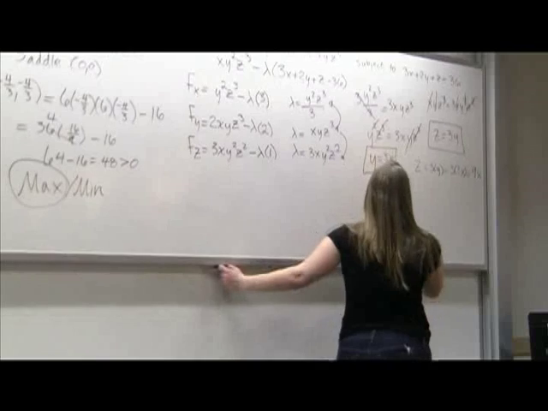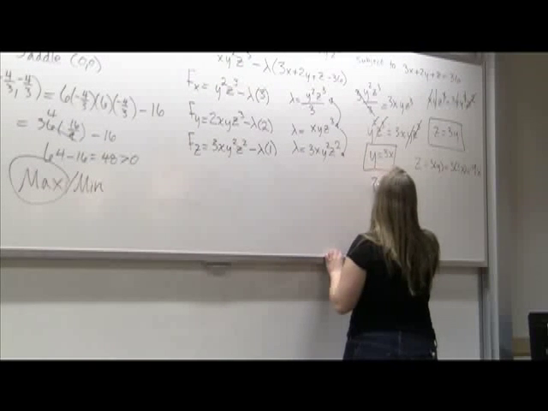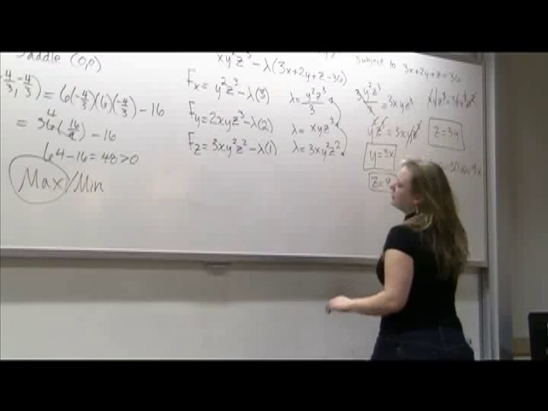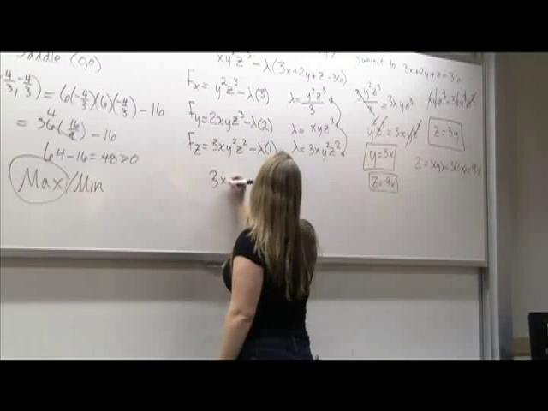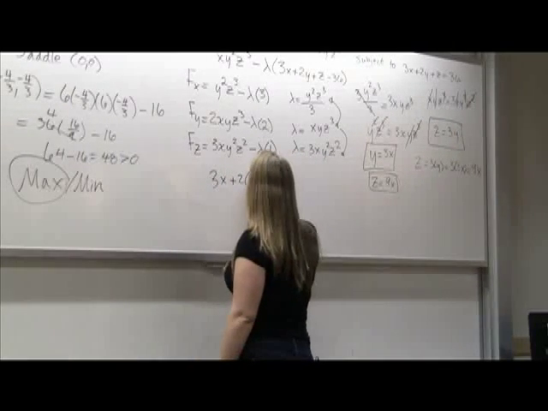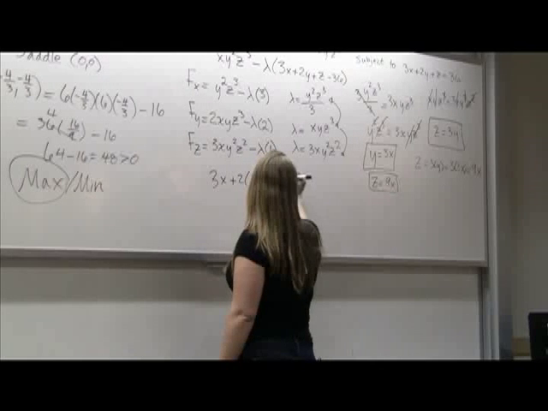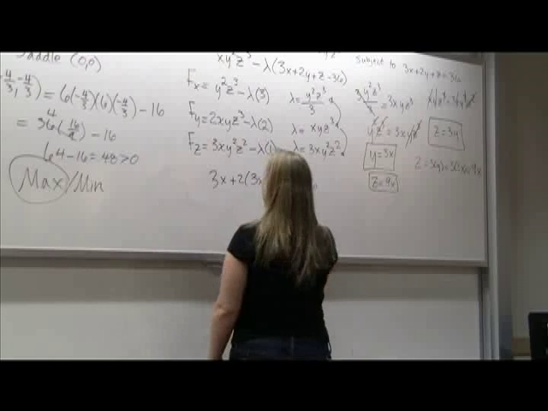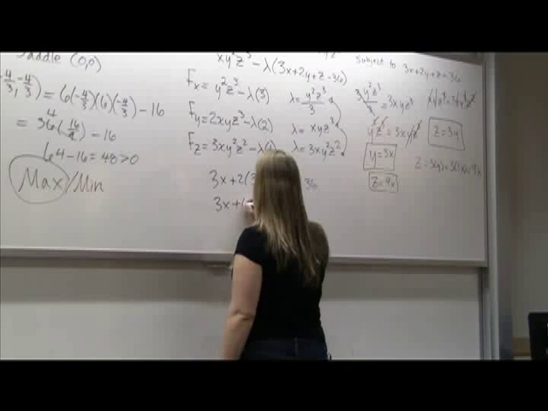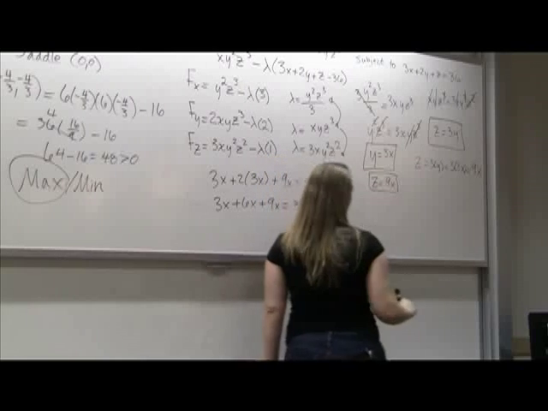Beautiful. So then I have z equals 9x. Now I go back to my constraint equation. 3x plus 2y, where y is 3x, plus z, which is 9x, is equal to 36. So I get 3x plus 6x plus 9x is equal to 36.